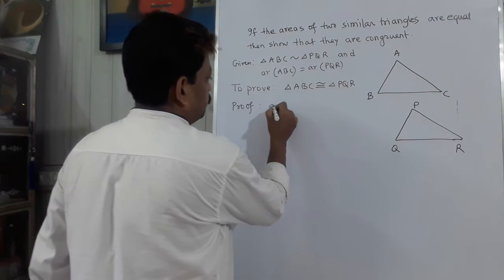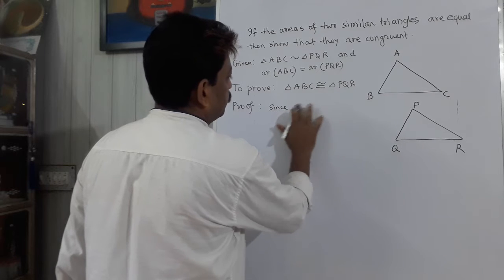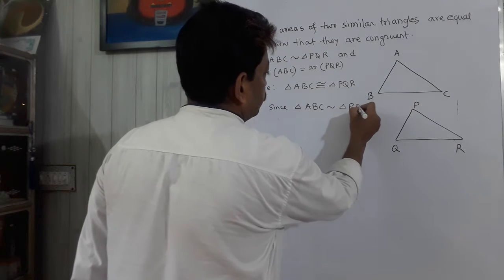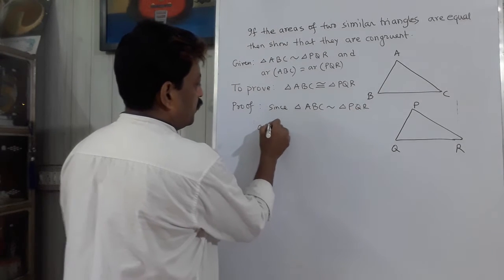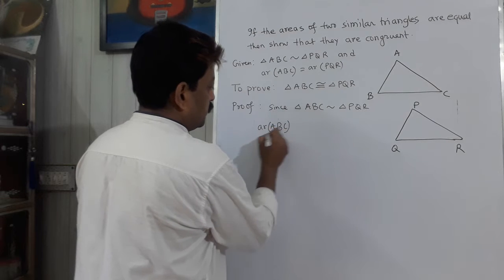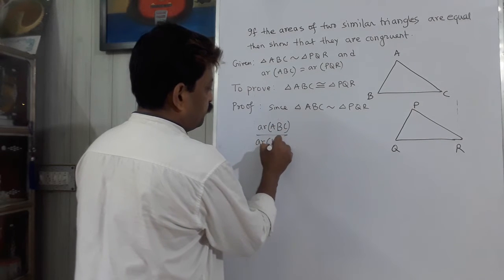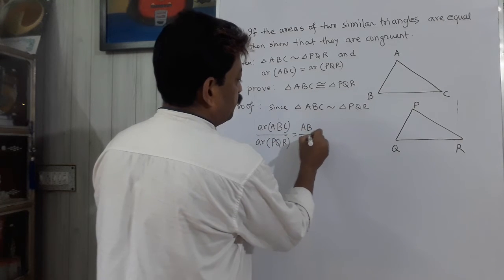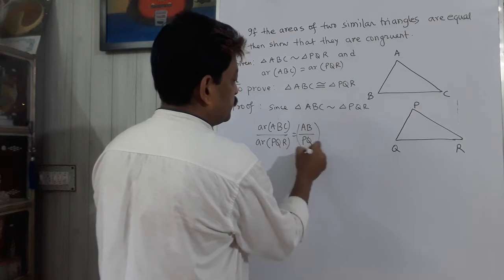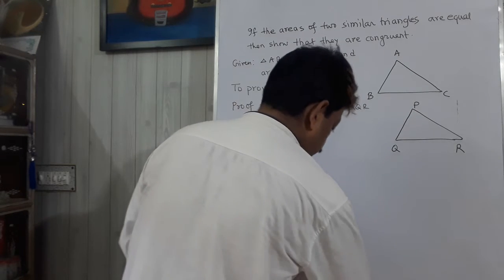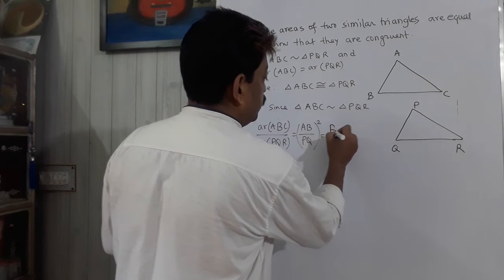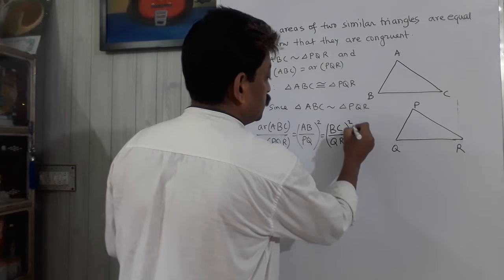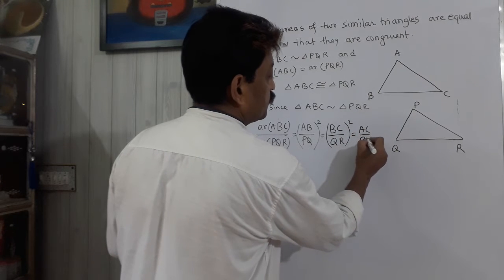So since triangle ABC is similar to triangle PQR, then area of triangle ABC upon area of triangle PQR is equal to AB upon PQ whole square, equal to BC upon QR whole square, equal to AC upon PR whole square.